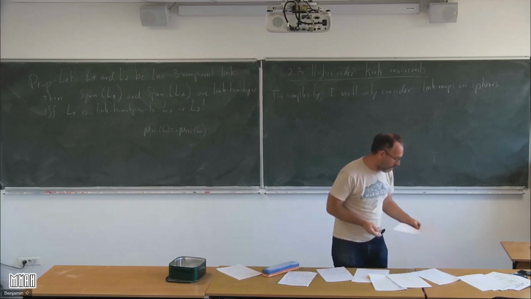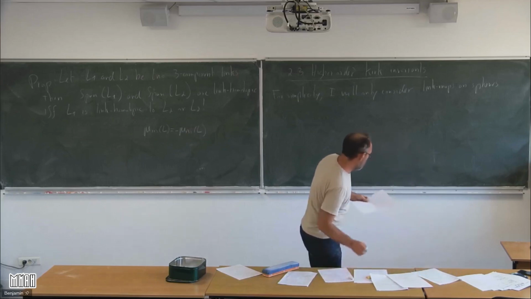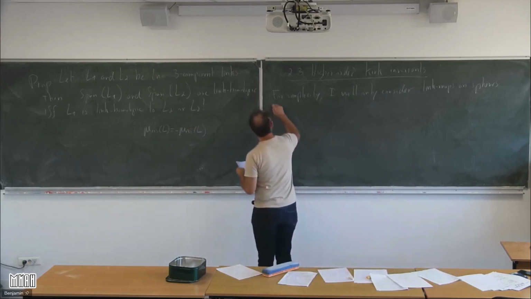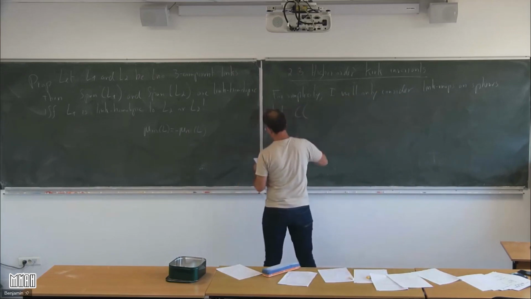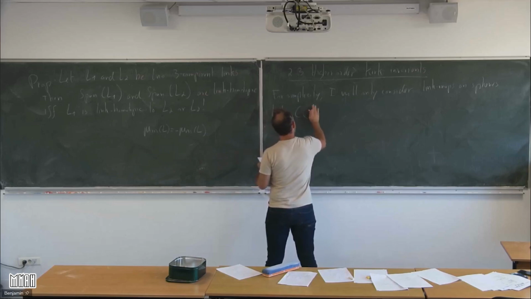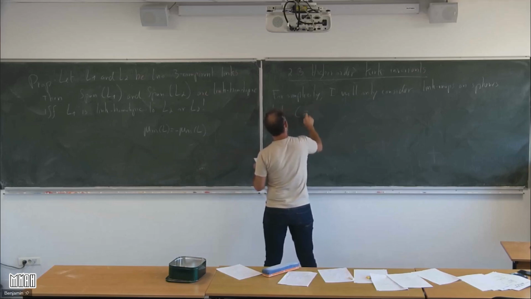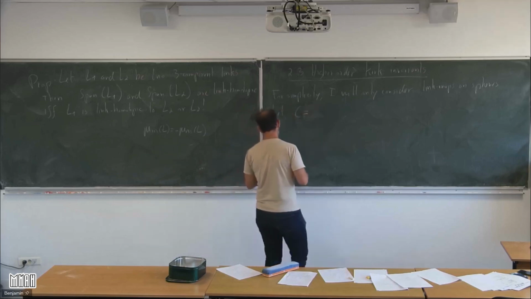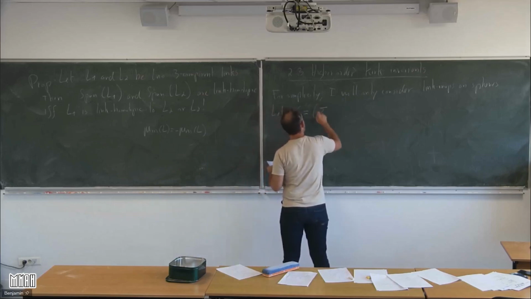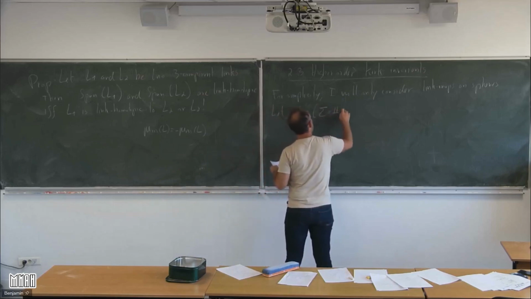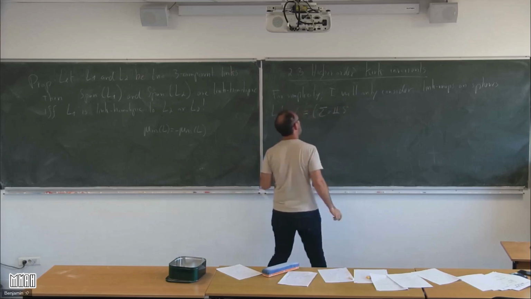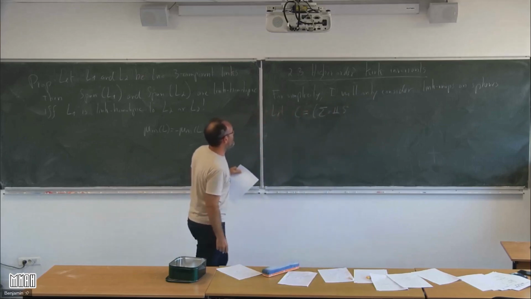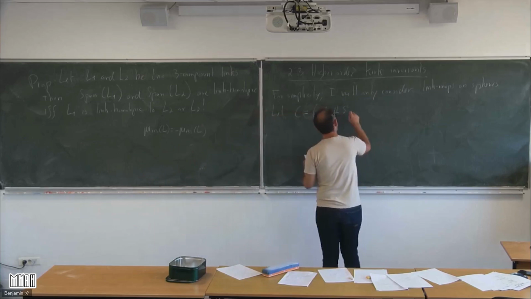So let's consider a singular cut diagram C, which is made of a surface, hence a disjoint union of spheres.